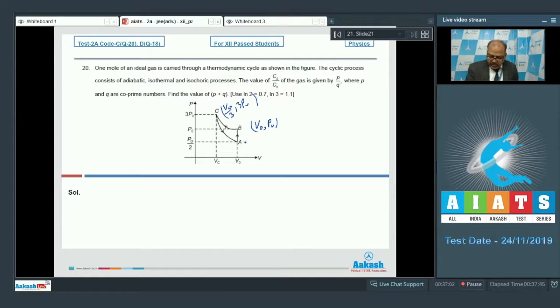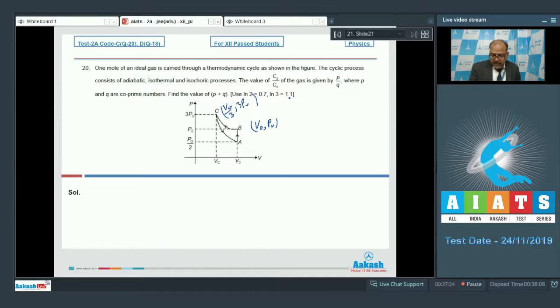And here it is again V0. So we apply the conditions of adiabatic process for process CA, and which is PV gamma is equal to constant. Then we can get gamma, and once we get gamma, basically it's about gamma that we have to find. Cp by Cv is nothing but the gamma.